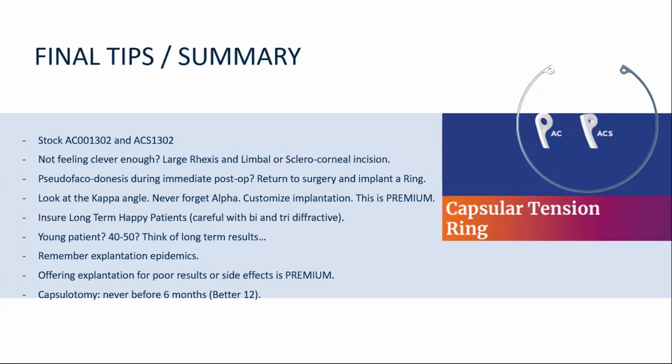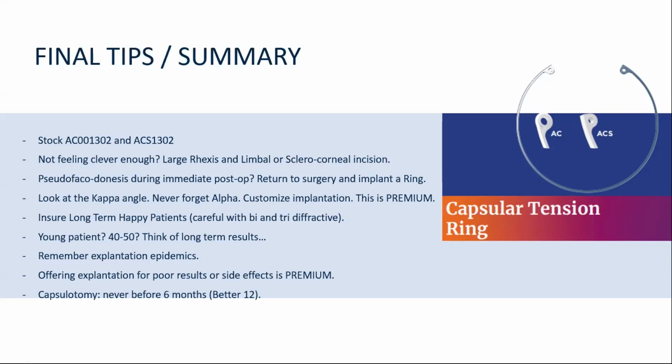And you may want to do an explantation in the future, or maybe the future ophthalmologist in 50 years. So if you implant the CTR, you are going to ease any kind of procedure on that lens in a potential next surgery. Remember always the explantation epidemics due to this problem. Offering an explantation for a poor result or a side effect like halos and glare, that is premium service.